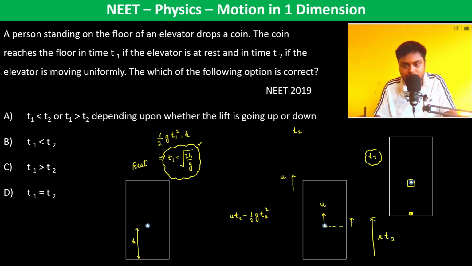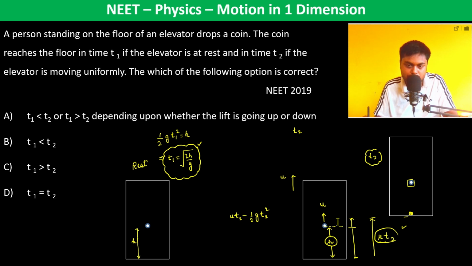Now this is the height h. So this should be equal to, if you see, from here to here it is u t2, and minus h.